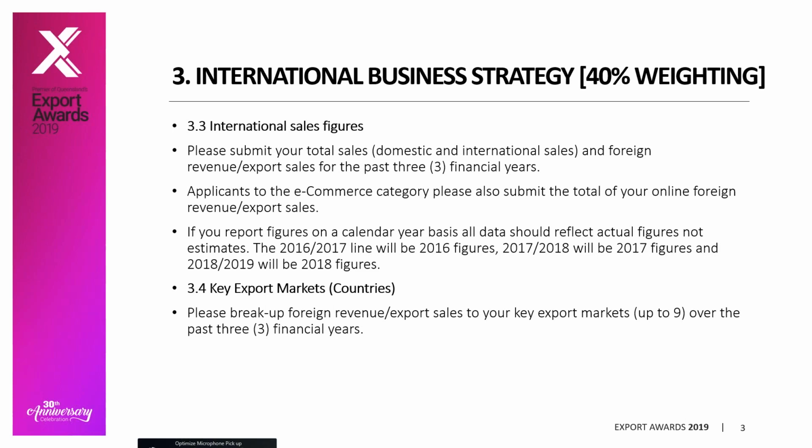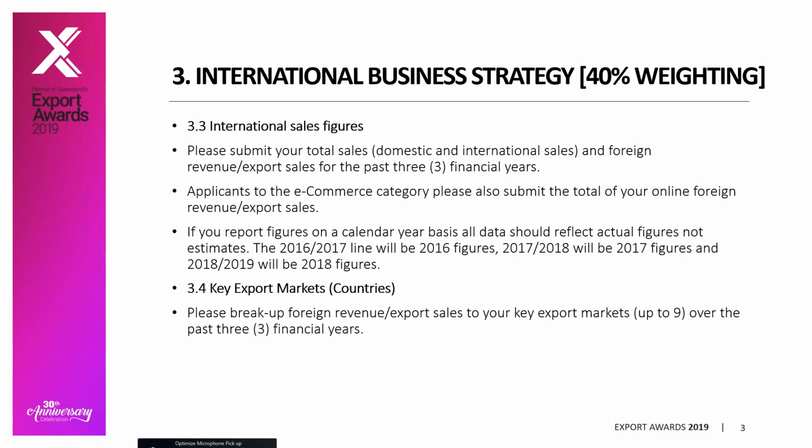International business strategy. Okay, 3.3, it's international sales figures, I beg your pardon. So here the judges, they're looking at the quality of your export marketing strategy in conjunction with your level of export sales. It's not all about the monetary value. Okay, so it both counts.